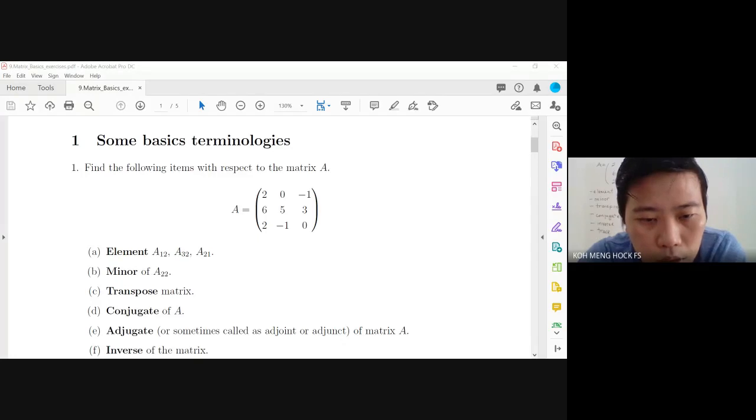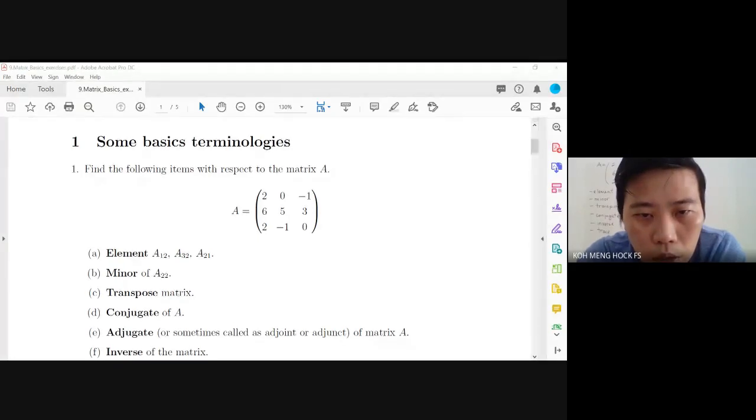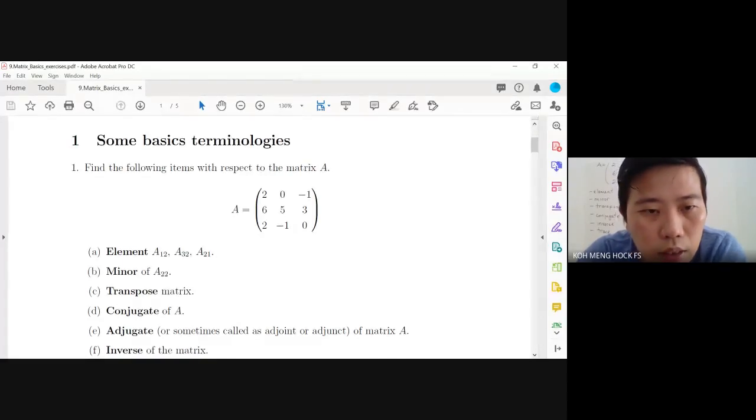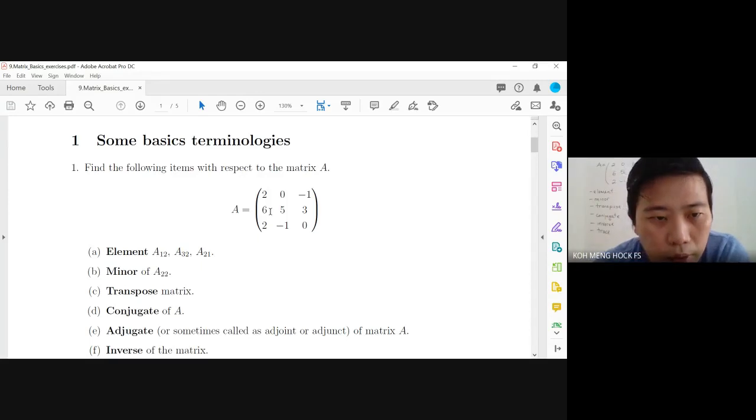So A12: row 1, column 2, so this is 0. A32 is row number 3, column 2: 1, 2, 3, 1, 2, so this is -1. And A21 is row number 2, column number 1, so this is 6. Okay, right.